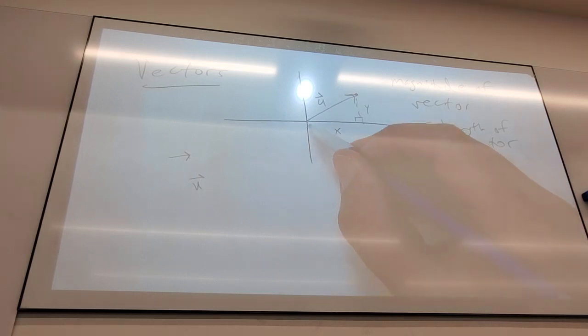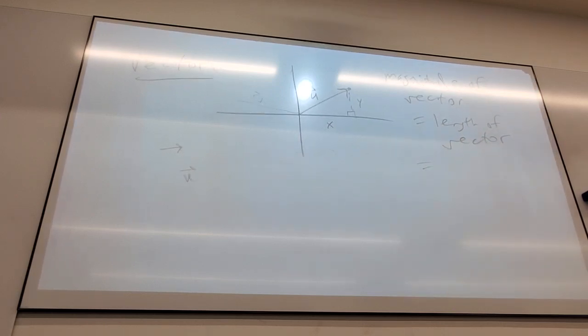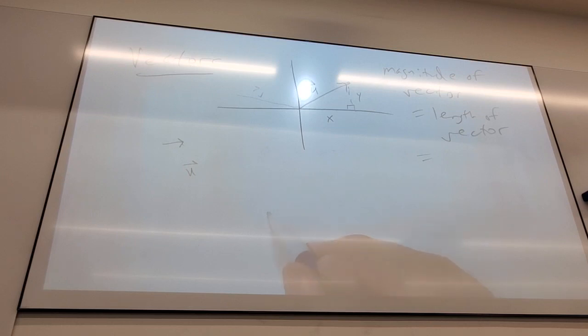I can have another vector and I can call it vector v, for example. So it's just names like x and y. The magnitude of the vector, here's a symbol that we know. And let me ask you this real quick, a little side note. If the point was 4, how long is this vector? 4.